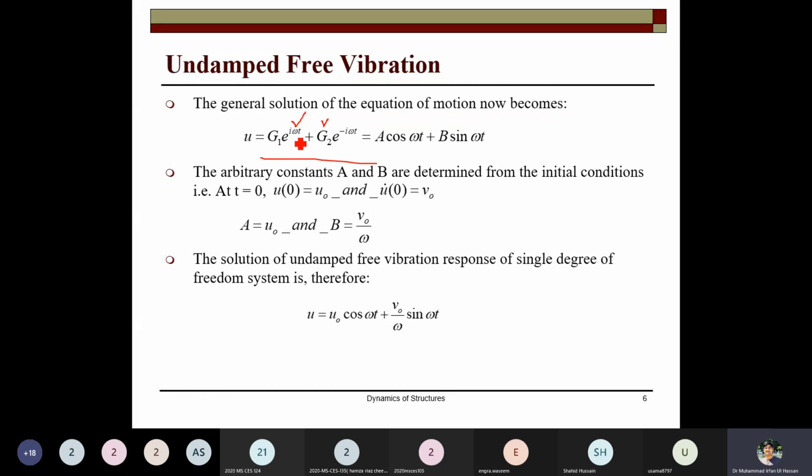Finally, the response of the system can be represented as u equals A cos omega t plus B sin omega t, where A and B are modified constants which need to be determined.